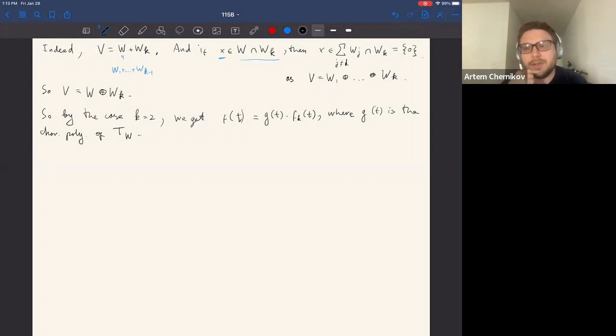So this is just the case of the theorem applied for k equals 2, which we already know.